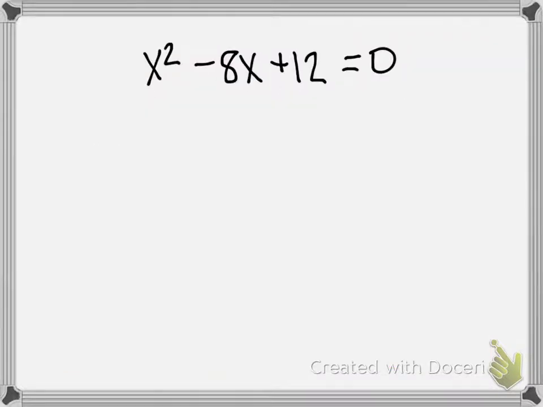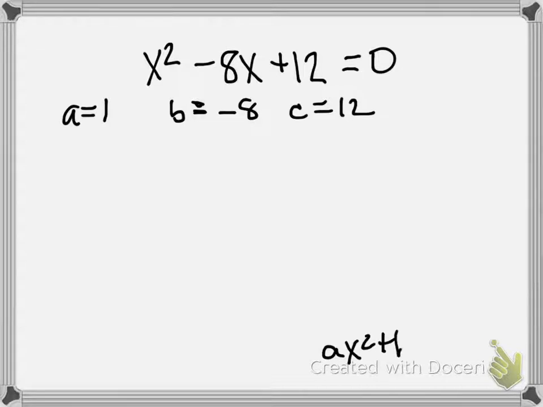So let's look at this example here. In this example, A would be 1, B is -8, and C is 12. And again, I'm getting those numbers from the standard form of a quadratic equation, where the coefficient of x squared is A, the coefficient of x is B, and the constant term is C. Then we just plug these in.